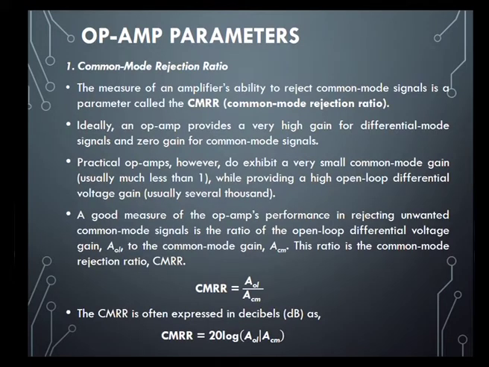Next, we are going to discuss the op-amp parameters. There are many parameters that we need to remember, because they are very useful in the upcoming topics, and we often use all these terminologies. So, we need to know the definitions and how these parameters affect the characteristics of an op-amp.